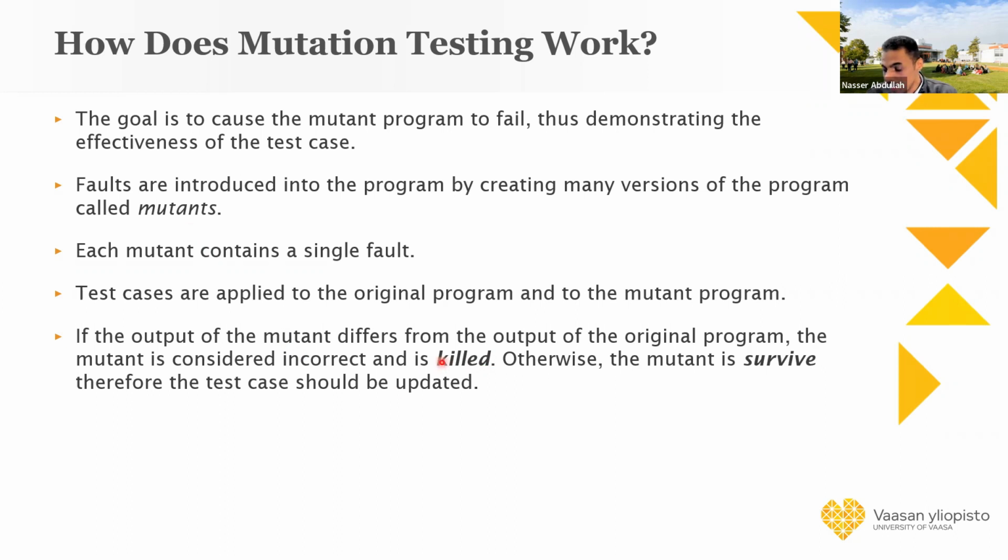If not, your mutant still survives, so you have to add another. Therefore the test cases should be updated. That means you should add some more, or just update them. Update means maybe you change to other test cases that cover everything, or you add one test case. Whatever it is, you need more test cases.